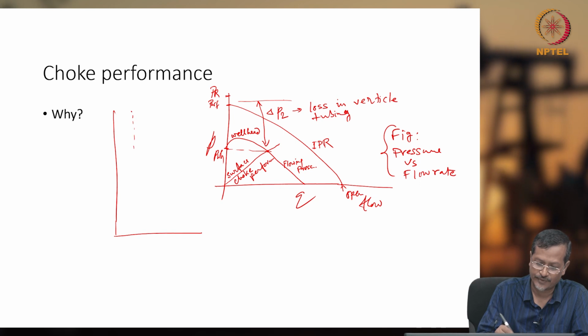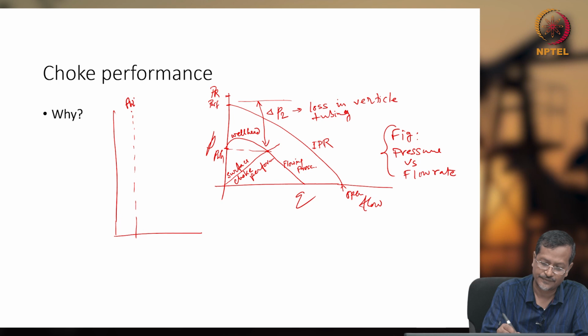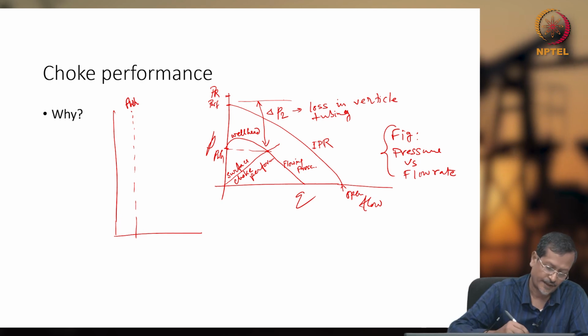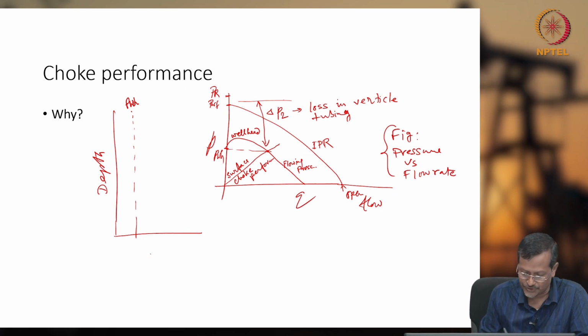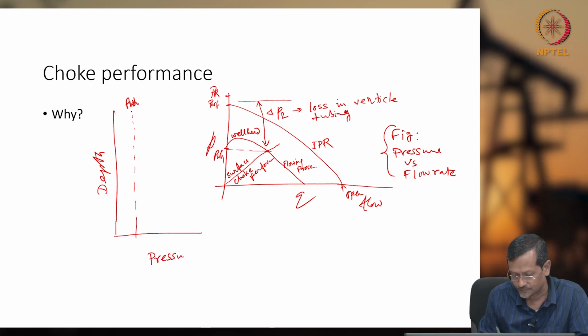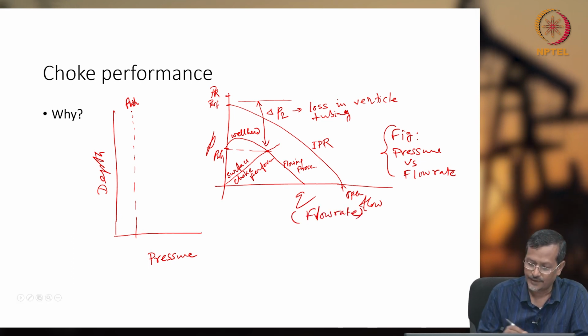So initially let's say the wellhead pressure is here, PWH, wellhead pressure, and this is depth, this is pressure, this is flow rate.